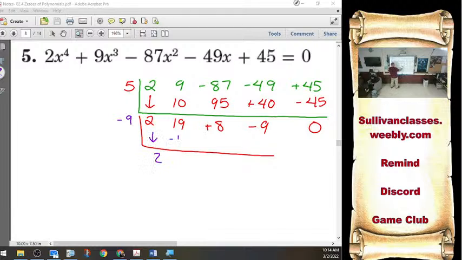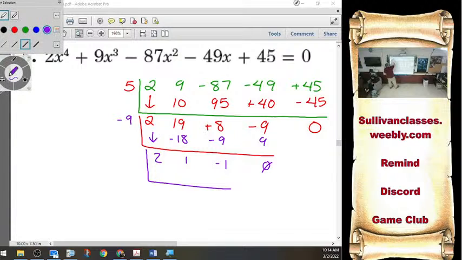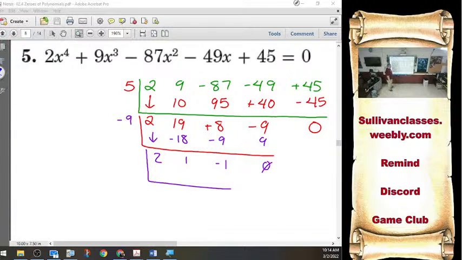Negative 9 by 2 is negative 18. Get a 1. Get a negative 9. Get a negative 1. Get a 9. Yes. This gets us to a quadratic. You solve the quadratic however you want. I can solve by factoring, complete the square, quadratic formula, or continued synthetic division.